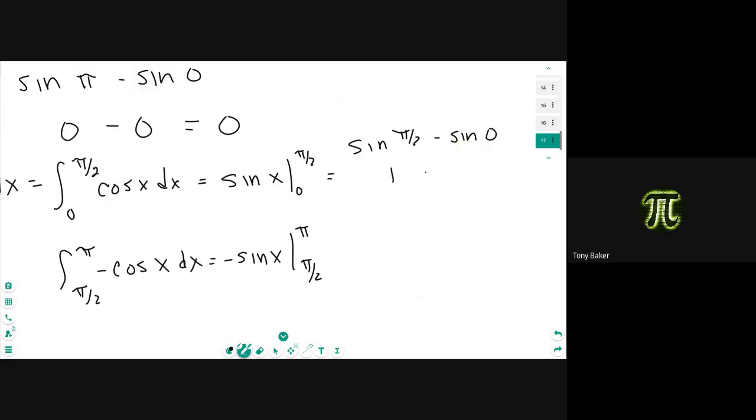So I have 1 minus 0 is 1. Then I have negative sine of pi over 2 minus negative sine of pi.